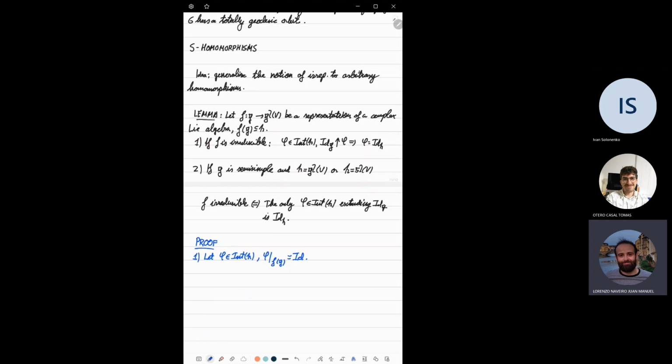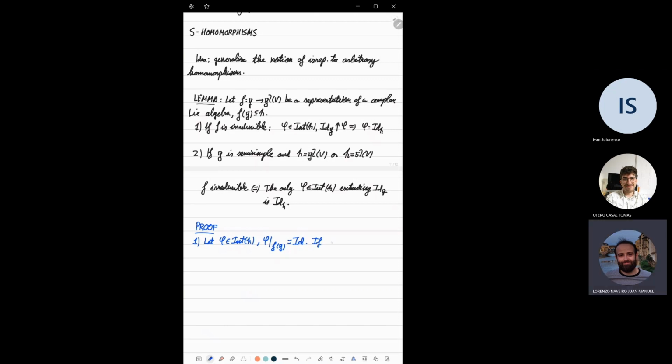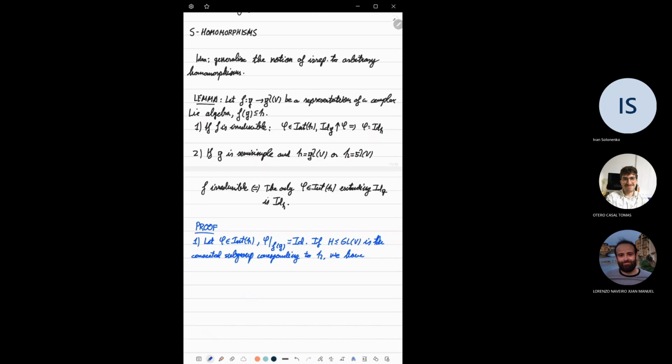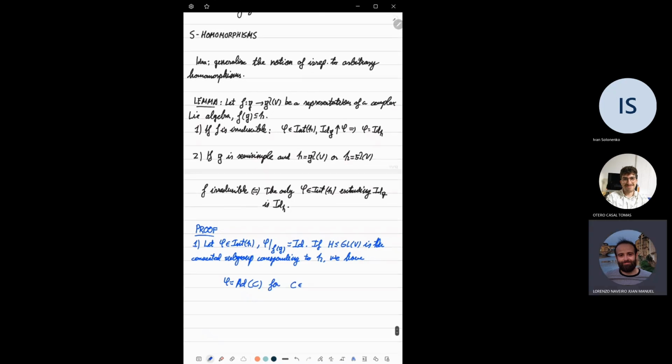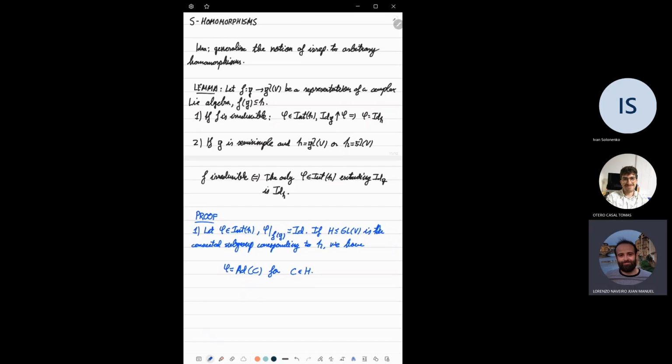Then since we are with matrix Lie groups, we can consider the subgroup associated to H, and we know that the inner automorphism group of the Lie algebra H is the adjoint image of the Lie group H. So if H is the connected subgroup corresponding to H, then we have that phi is of the form Ad C for a certain C in the Lie group H. So if we prove that C is a scalar multiple of the identity, then we are done.